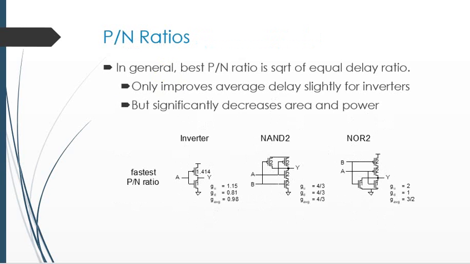The next topic is about the PN ratio. If you recall the catalog of the circuit gates, we can notice that the average logical effort of the low skewed NOR2 is actually better than that of the unskewed gate, which is a very interesting thing to observe.